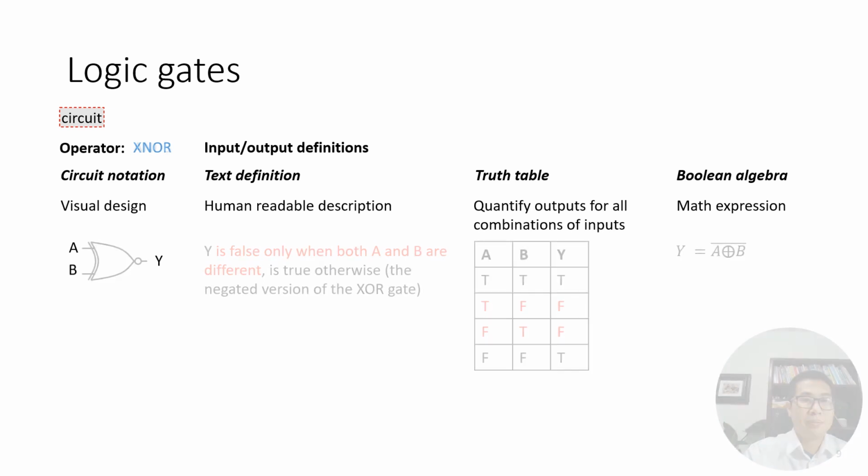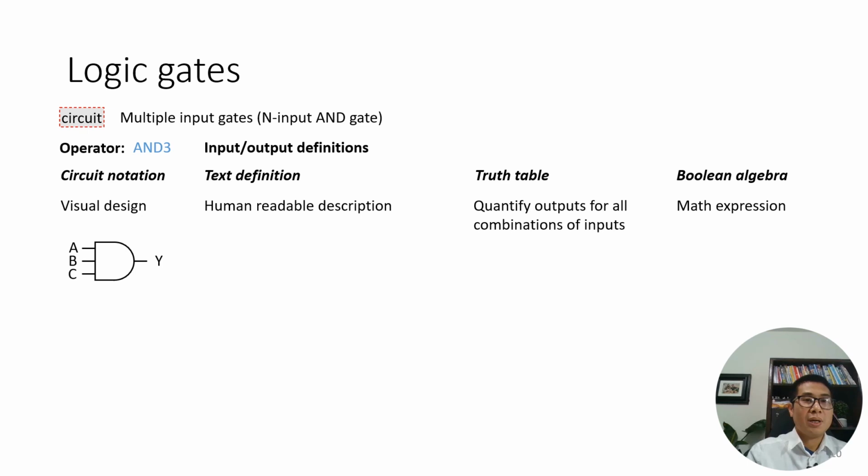As we mentioned earlier, circuits may have multiple-input gates. Let's say they may have an n-input AND gate. For example, we can have the AND3 operator, so they have 3 inputs instead of 2. 3 is just an example; we can have more than 3. For this one, it is true only when all the inputs are true.